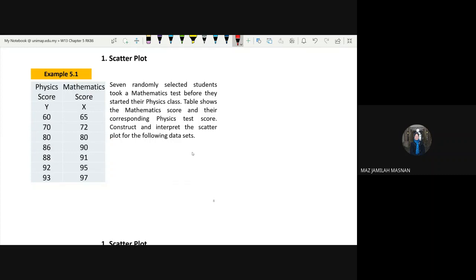Can someone tell me why we need to do the scatter plot first before we do the analysis? Or if you forgot, you can just say you don't remember, so that I don't need to wait for your answer. Can someone please? Why do we need to have a scatter plot for our data?